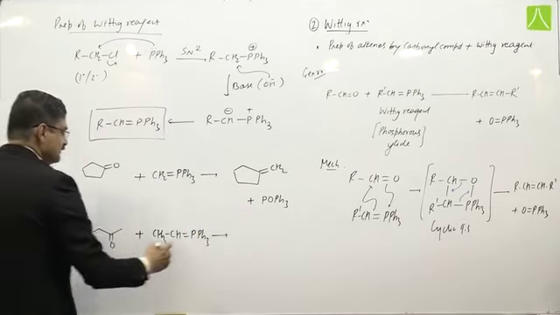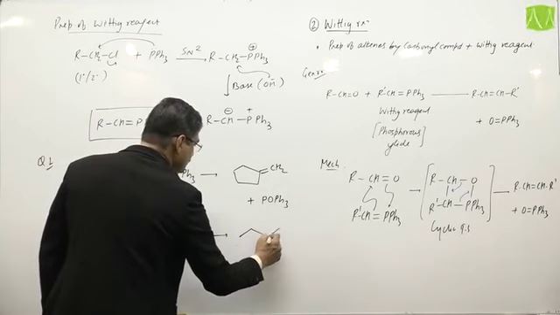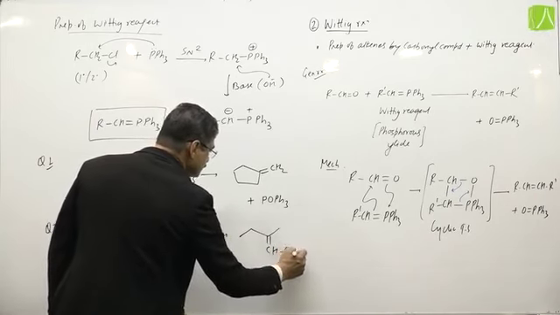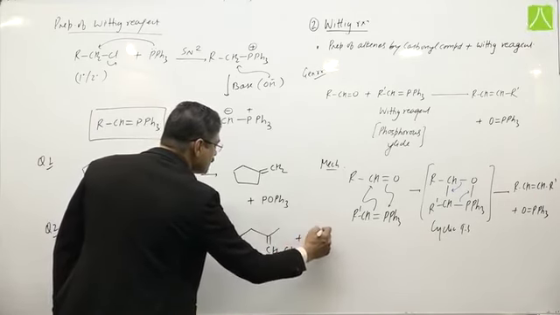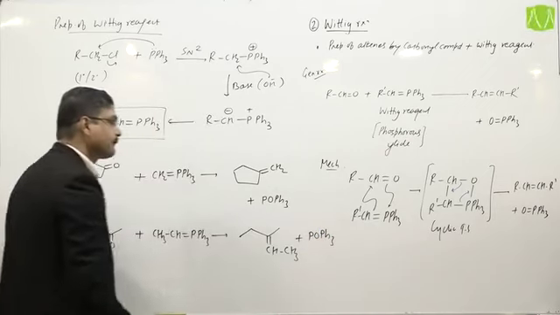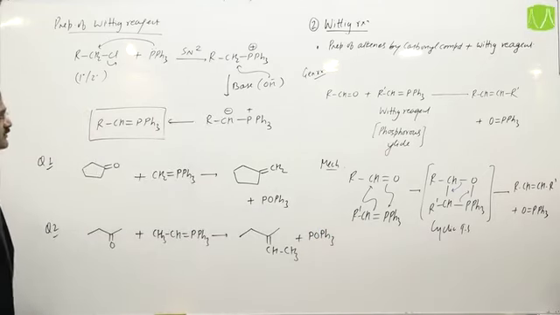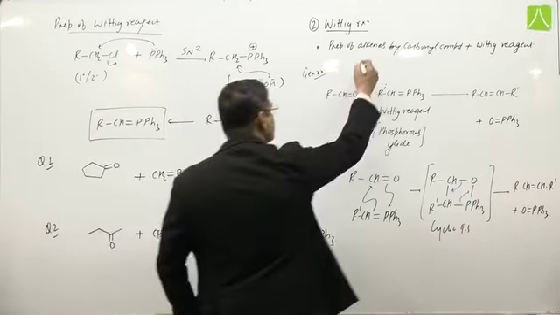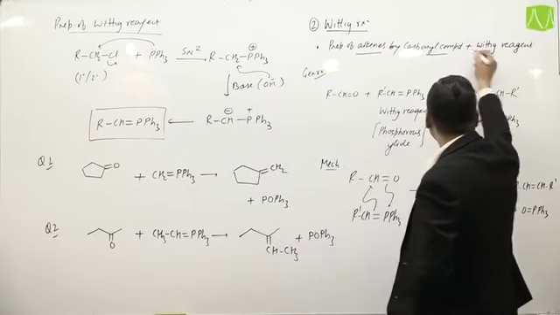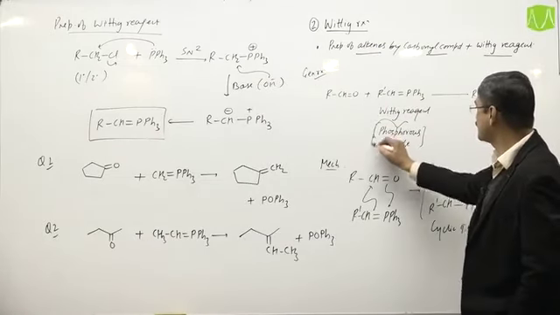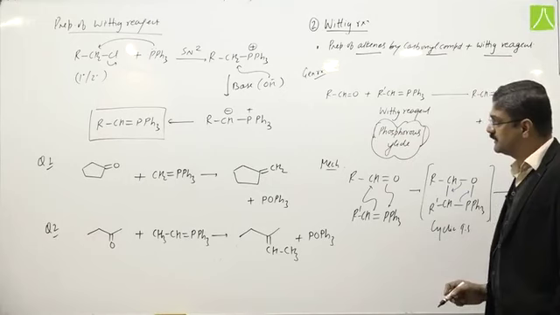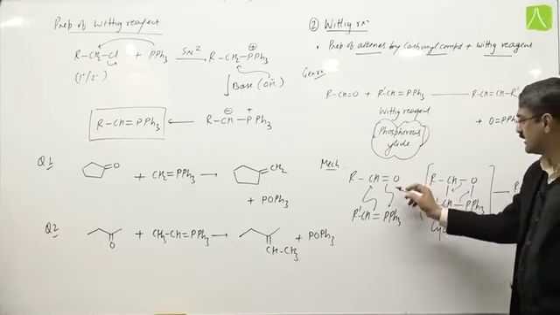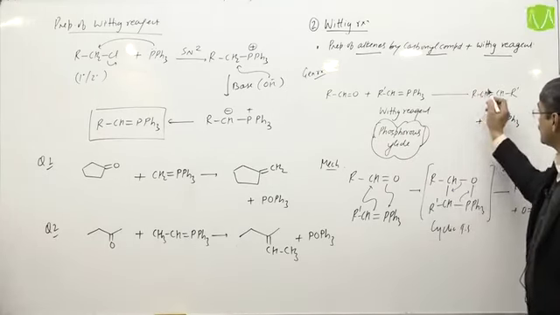So in this case, the oxygen is replaced by CH2. This is OPPh3. So this reaction is known as Wittig reaction. Wittig reaction is used to prepare alkenes from the carbonyl compound plus Wittig reagent. Wittig reagent is also known as phosphorus halide. So it is a very simple reaction. Exchange the oxygen with this group.